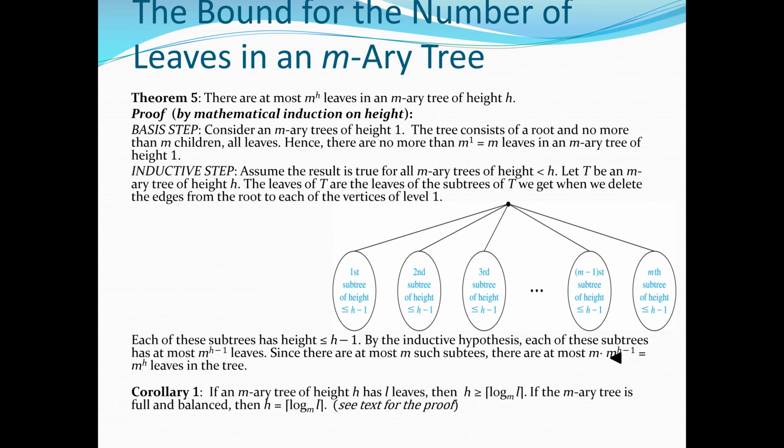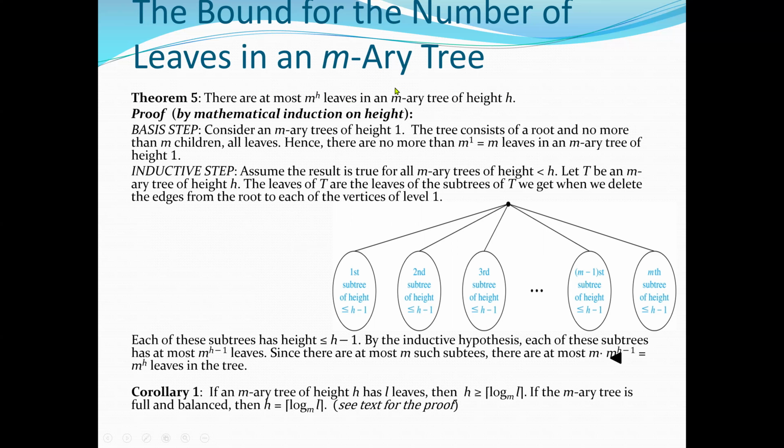So if the height is 3, then the most leaves we can have will be, remember m is the number of children, if m is 2, then 2 to the power h. If the level is 4, then 2 to the power 4. So there are at most m to the power h leaves in an m-Ary tree.